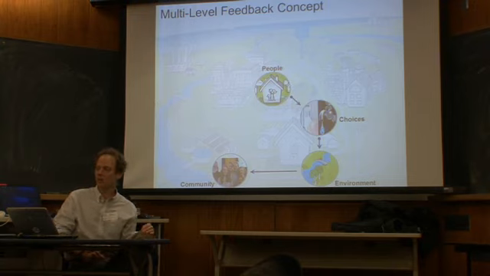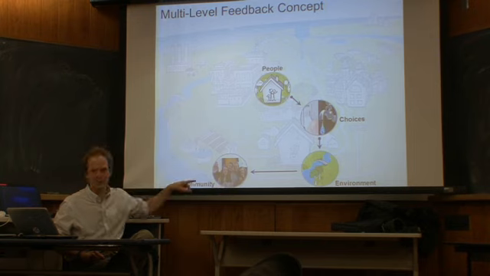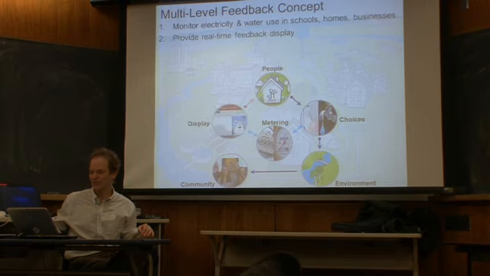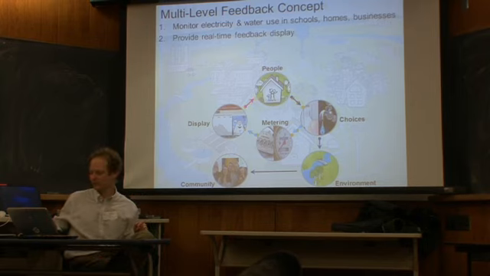What we're talking about with Environmental Dashboard is introducing three different levels of feedback into this existing causal chain of events. One is the monitoring of resource flows within individual buildings, installing metering, and then developing displays to create this feedback loop which makes people more aware of the resource consumption taking place within their individual buildings.